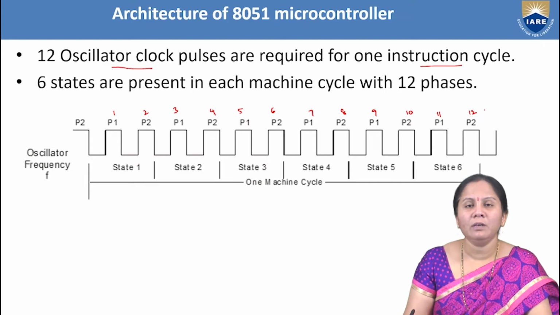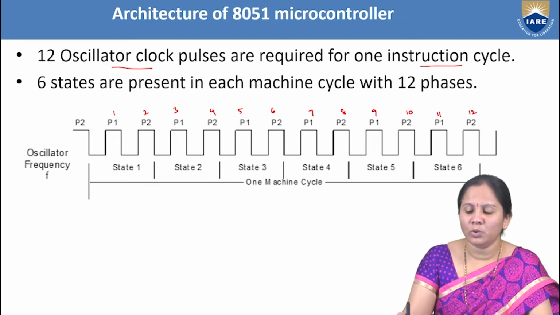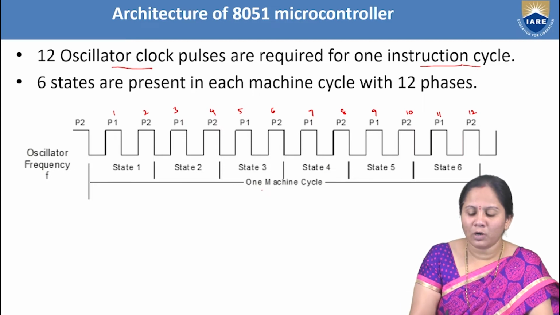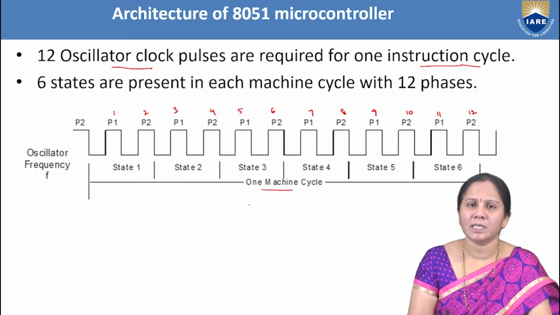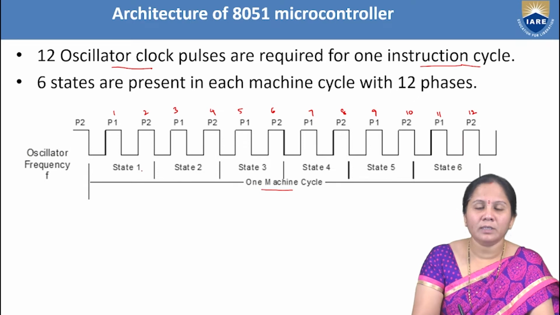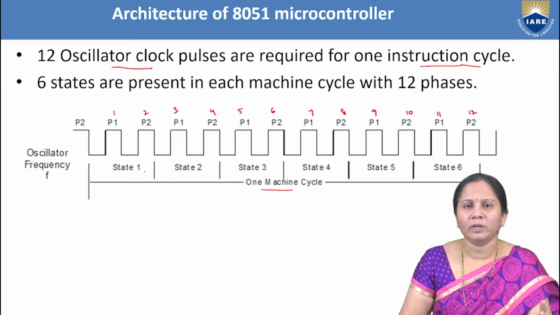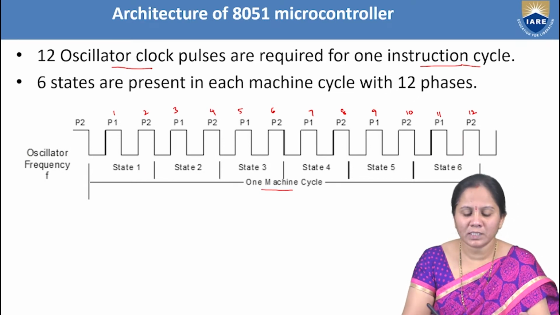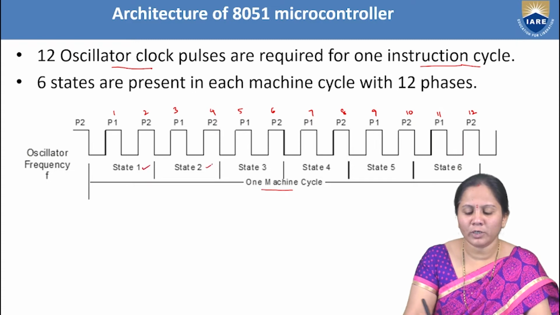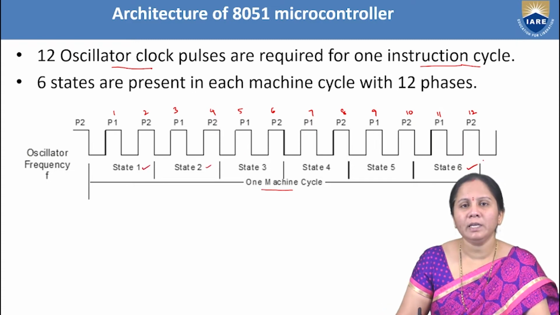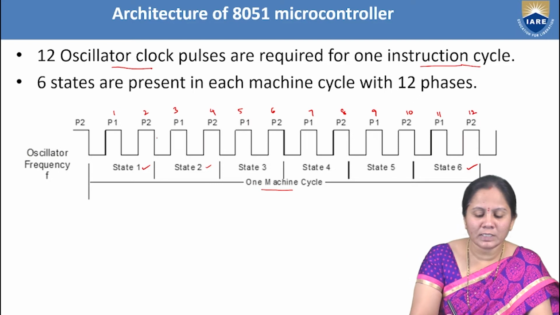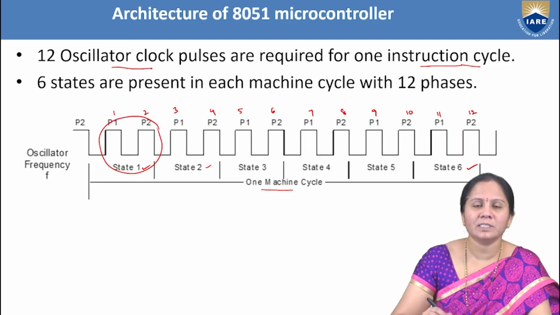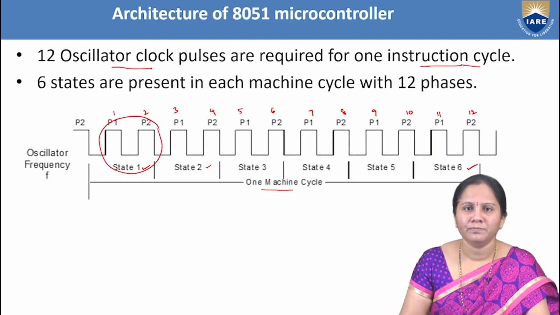So 12 pulses are required to execute one instruction, which we call one machine cycle. The 12 clock pulses are divided into 6 states, state 1, state 2, and so on up to state 6. Each state consists of 2 pulses, P1 and P2.